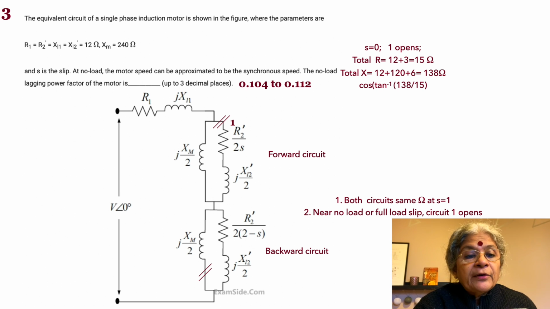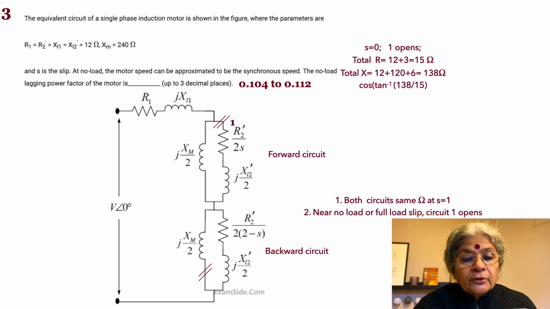So what do we have? We have R1. Let's go via the circuit, picking up the resistances just as a current would. So R1 is equal to 12, and then we have nothing in the top parallel circuit, because it's simply jXM by 2, since R2' by 2S, where S is equal to 0, has opened out.